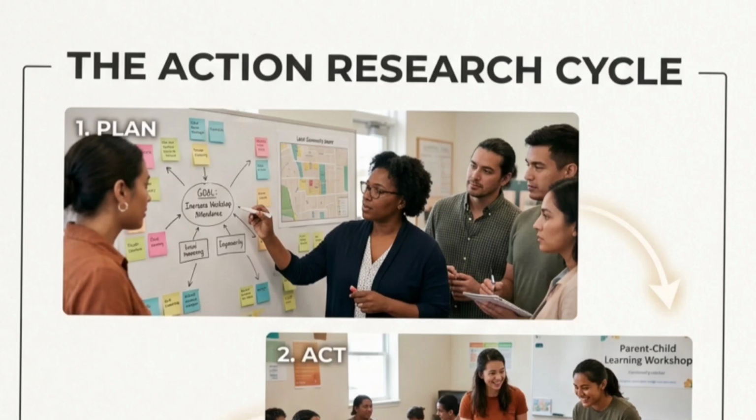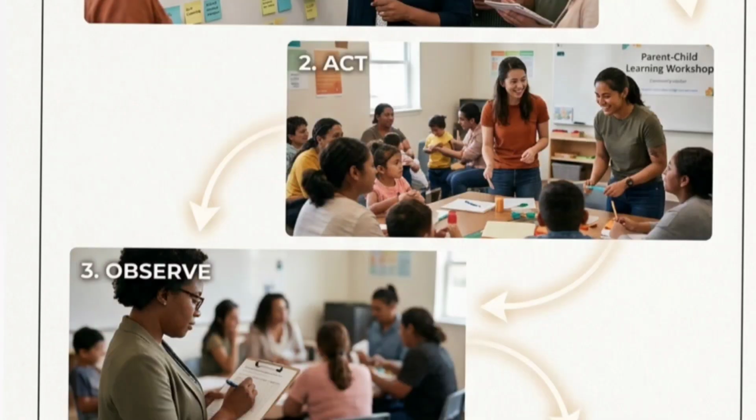Then in the acting stage of the research cycle is you implement your chosen plan directly into the target setting. You deliver the changes or basically the interventions exactly as scheduled. And then you keep the process collaborative by involving local team members.